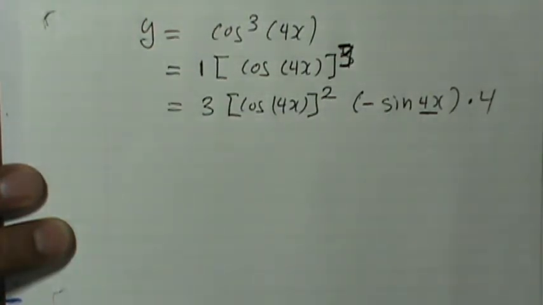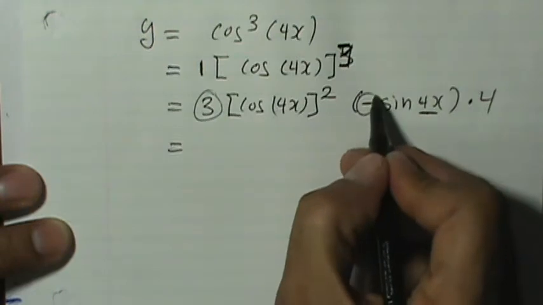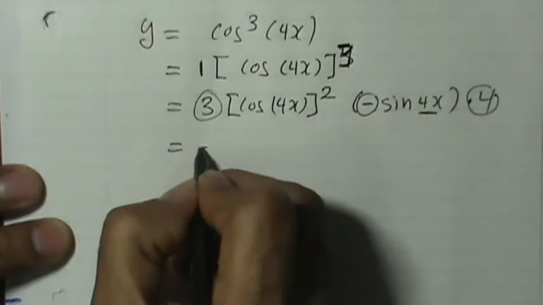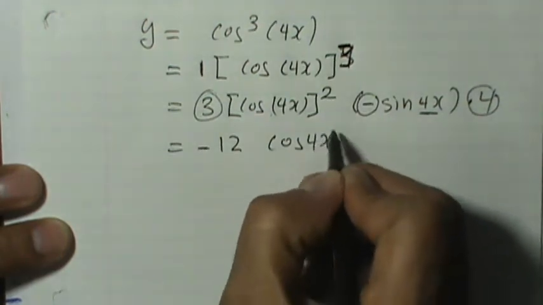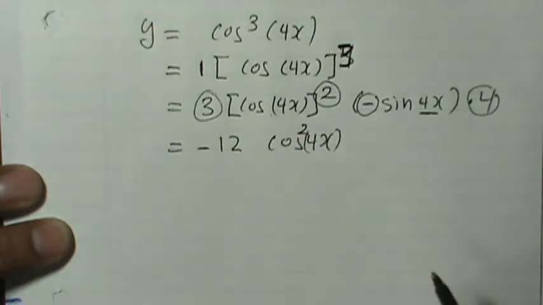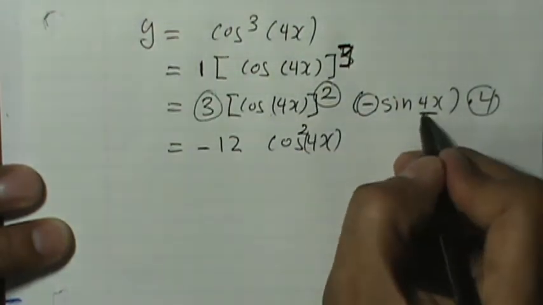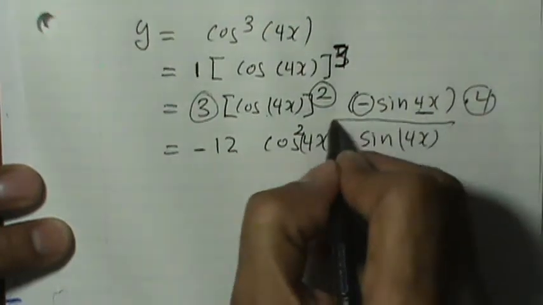So we go from outside to inside in terms of trigonometric functions, because we have to also take the derivative of theta. Now, in order to simplify, we multiply 3 times negative 1 times 4, which is negative 12, and then we have cos 4x to the power of 2, so cos squared theta, basically. That's what the exponent means, cos squared theta. And then we have sine theta, and that is in simplest form.